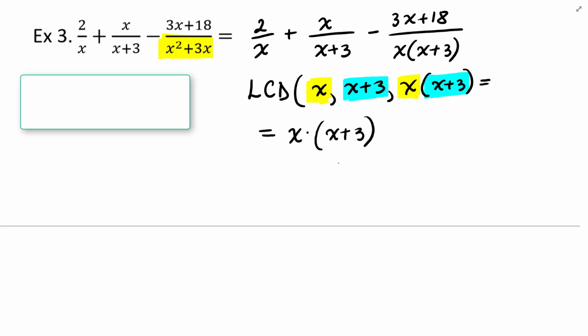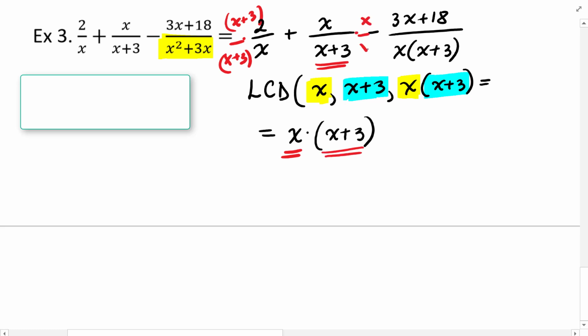So how do we get from 2 over x to have the denominator x times x plus 3? Or in other words, what is missing? It's missing x plus 3. So I'm going to multiply by x plus 3 over x plus 3, top and bottom, with parentheses around. I need x plus 3 over x plus 3 to have the same denominator, the LCD x times x plus 3.